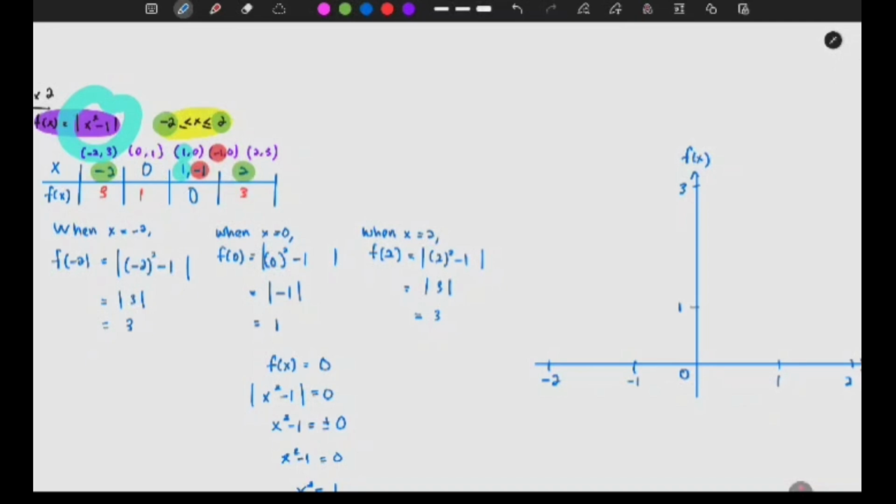Roughly plot it. As long as you plot correctly, you're ready. Next, your x is 0, your fx is 1, which is here. Next, 1, 0, your x is 1, your fx is 0. Next, your x is -1, your fx is 0.